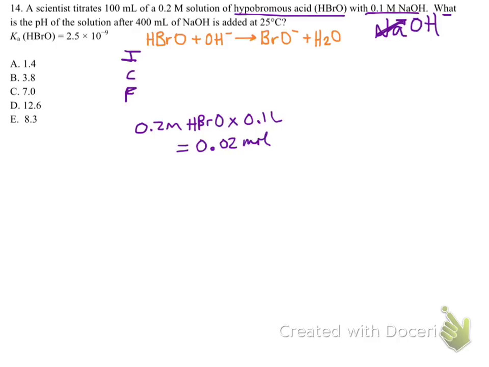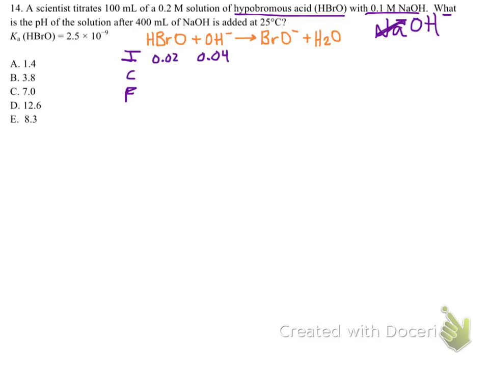We'll multiply the concentration by the volume. So 0.1 molar hydroxide times 0.4 liters equals 0.04 moles.